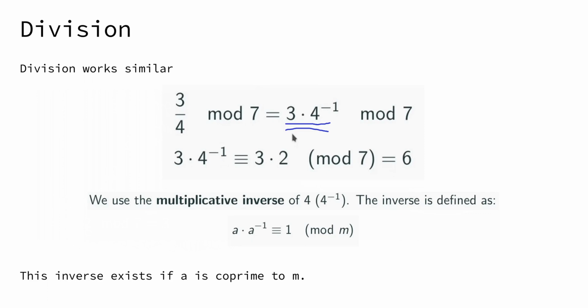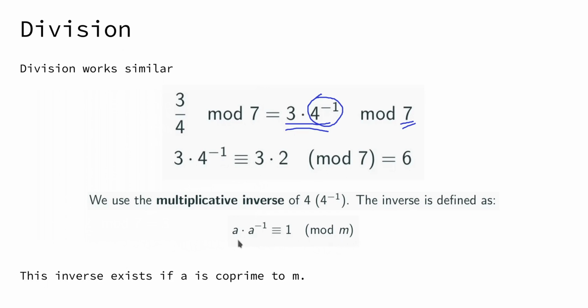So 4 to the power of minus 1 is the multiplicative inverse of 4. And regarding modulo 7, the multiplicative inverse of 4 is 2. You can check that by just calculating. 4 times 2 has to be 1 mod 7.